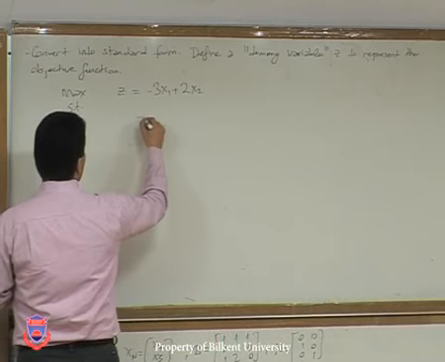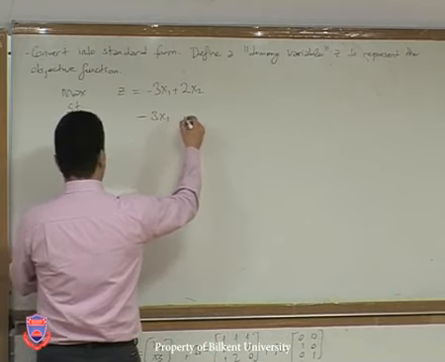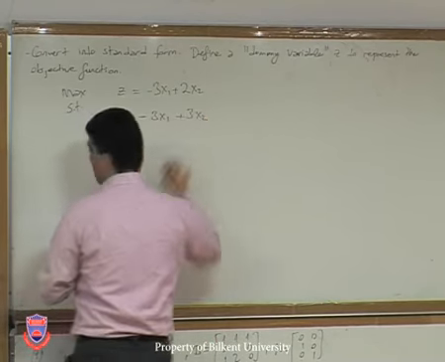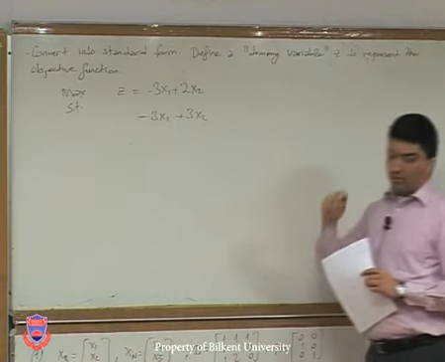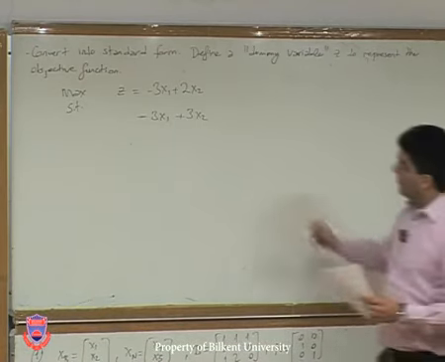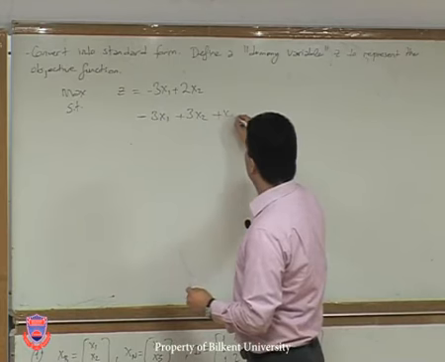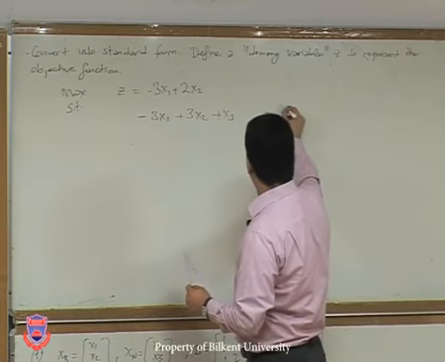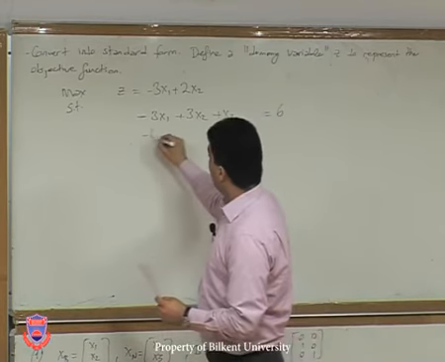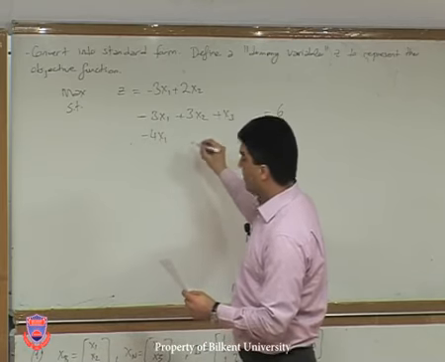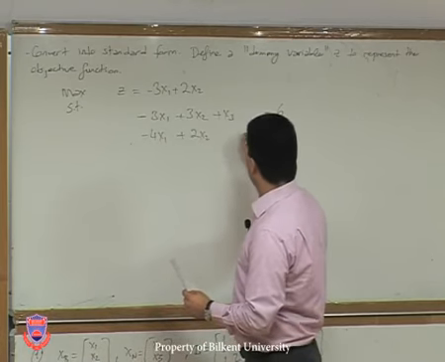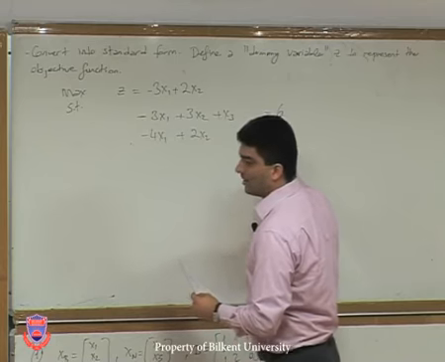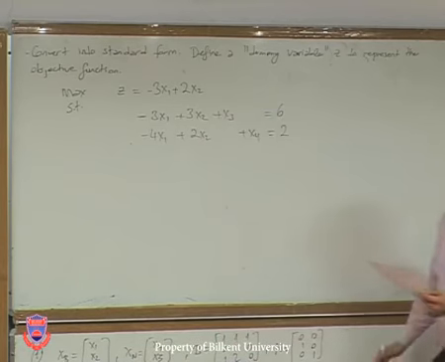And then I have minus 3x1 plus 3x2. I'm going to convert it into equality form, right? So I need a slack variable. So I'm going to use x3, and the right-hand side value is 6. Then I'm going to have minus 4x1 plus 2x2. Then I'm going to add x4 as my second slack variable, and the right-hand side value is 2.